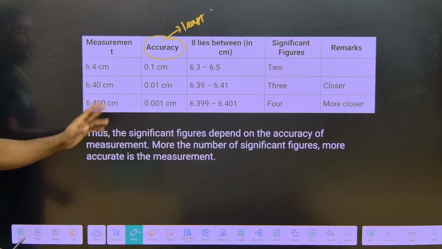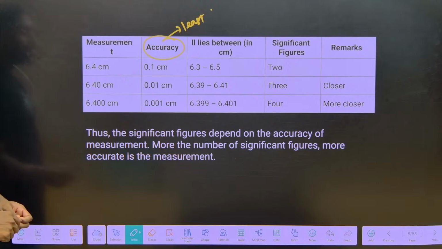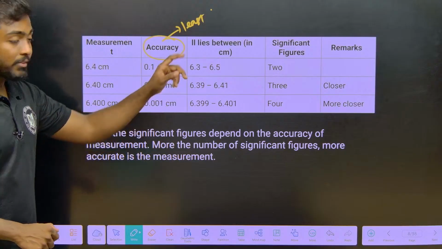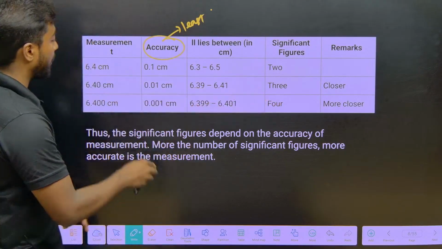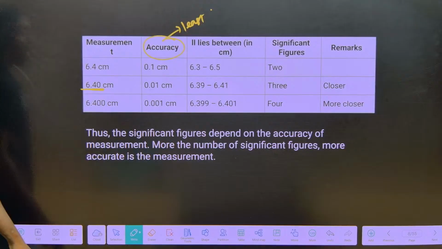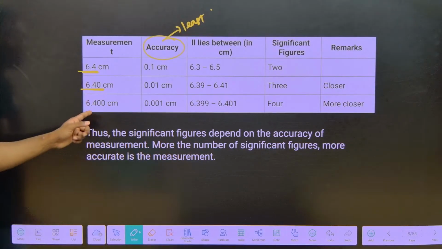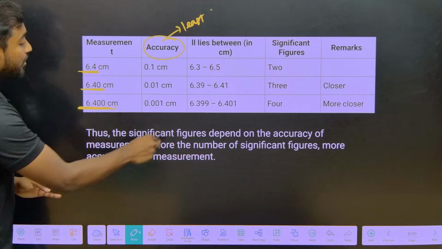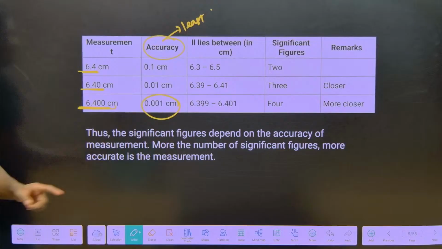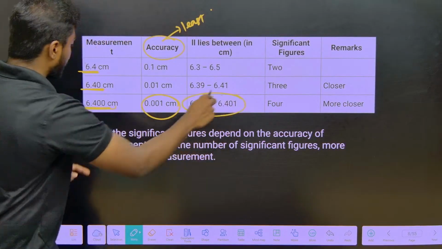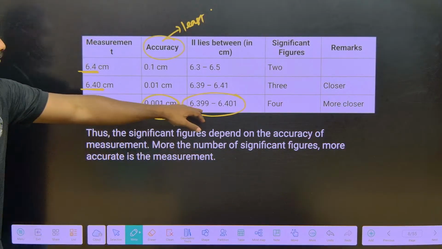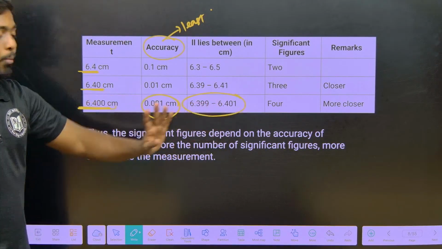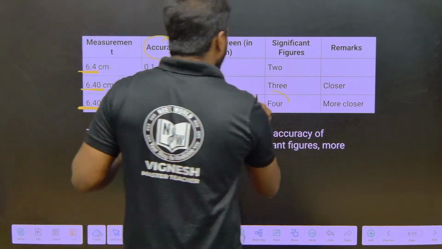What about 6.40? 6.39 to 6.41. So the accuracy is 0.01 centimeter, and 3 significant values are there. Here 2 for 6.4. What about 6.400? 4 significant. The accuracy, the least count, is 0.001. The number lies between 6.399 and 6.401.